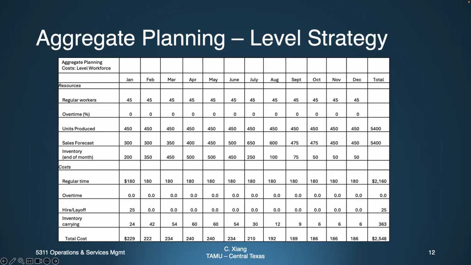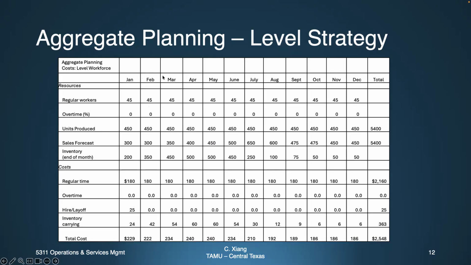Now let's use numerical examples to walk through a practical example to demonstrate the different strategies. Let's first demonstrate the level strategy. Okay, this table shows the aggregate planning process for a large firm. You may wonder, oh, a large firm, but such a simple table? Yes.